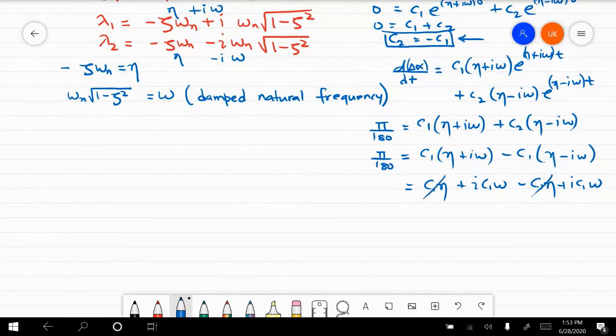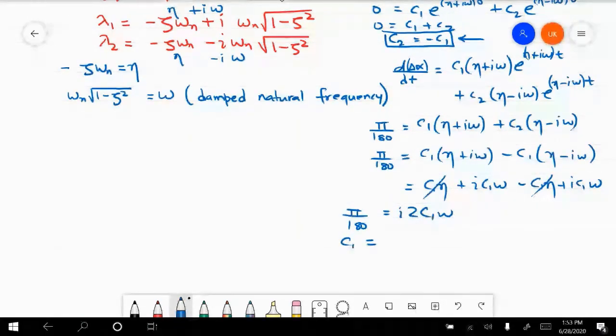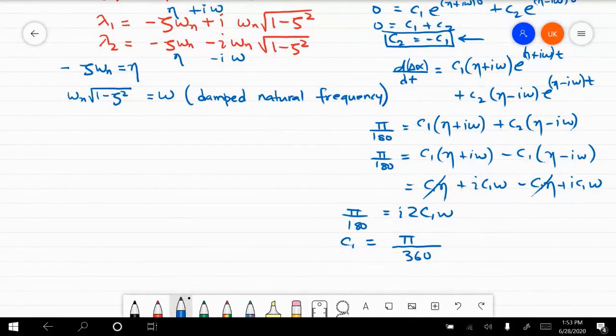So these two cancel. And now I have pi over 180 equals to 2i C1 omega. So I can solve for the value of C1 now.